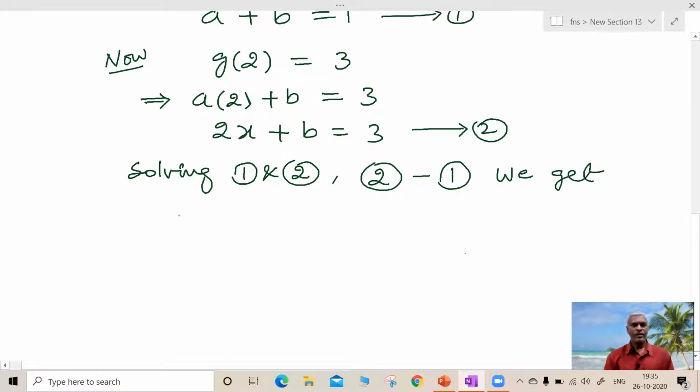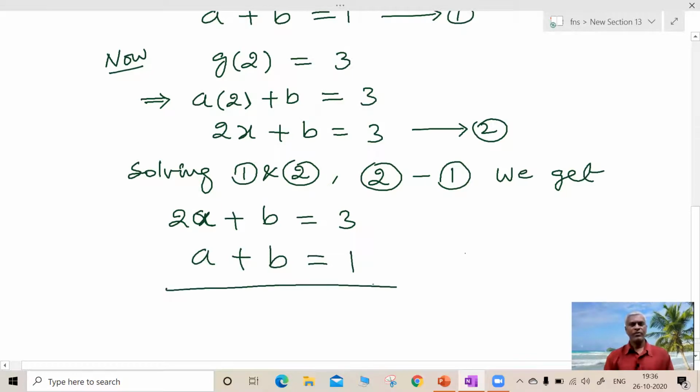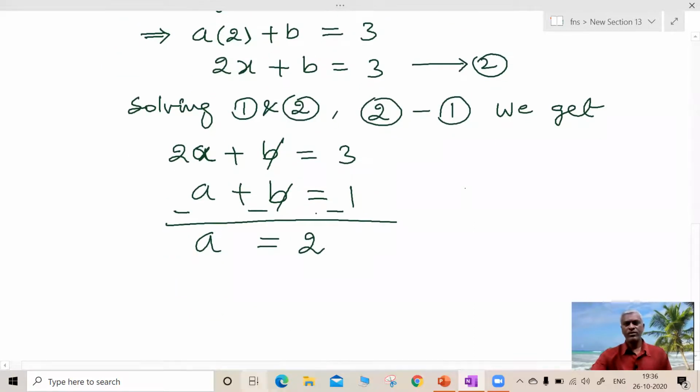I am writing the second equation, 2a plus b is equal to 3, and a plus b is equal to 1. Subtracting 1 from 2, this b will get cancelled, plus b minus b. 2a minus a is a, and 3 minus 1 is 2. So a value is 2.